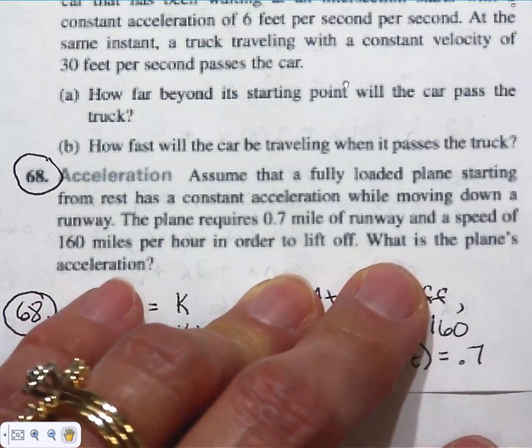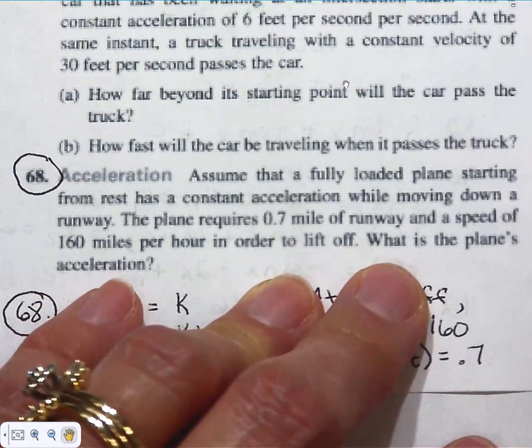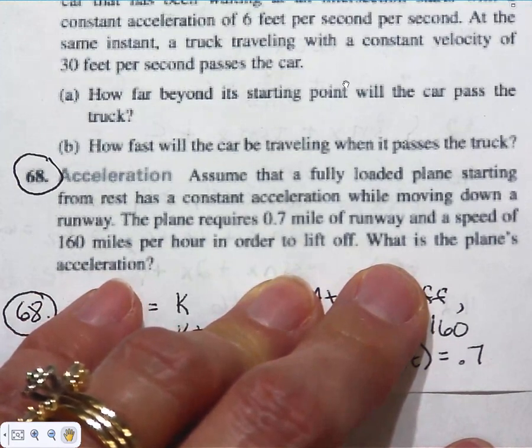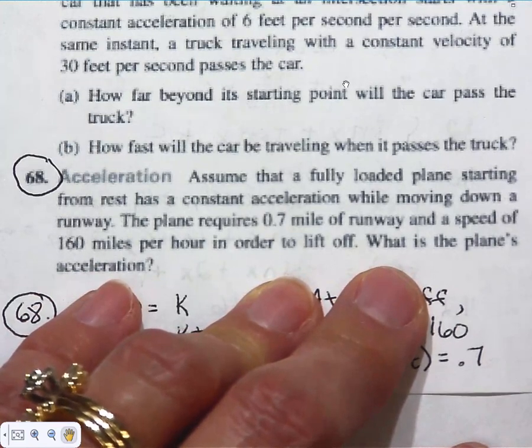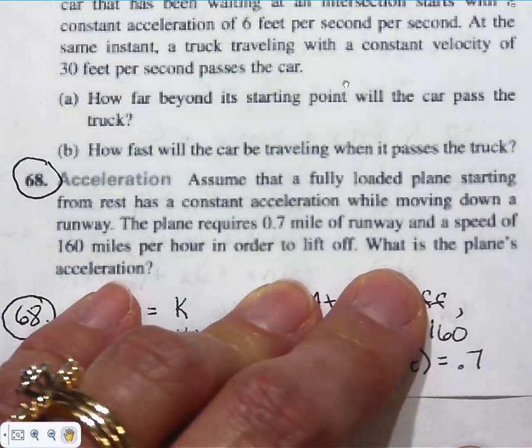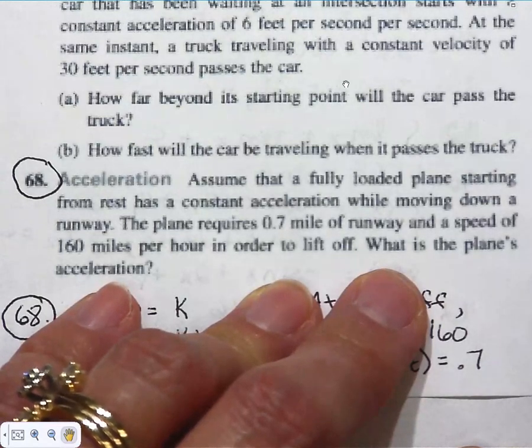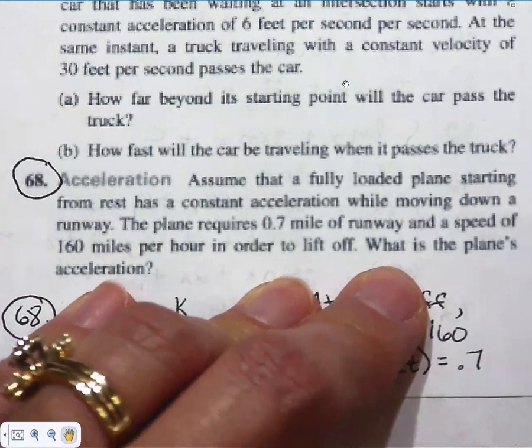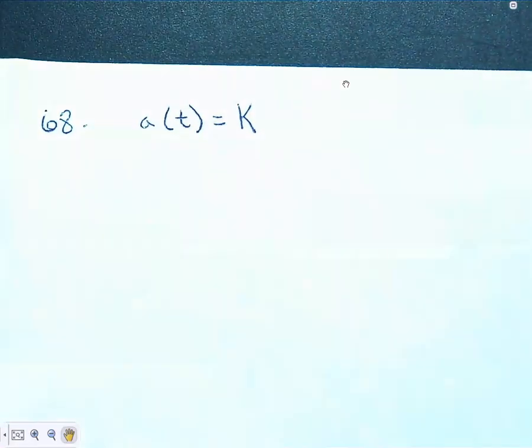The plane requires 0.7 miles of runway and a speed of 160 miles per hour in order to lift off. What's the plane's acceleration? All we know about acceleration is that it's a constant. We'll let it be K, K for constant. That's all I know so far.